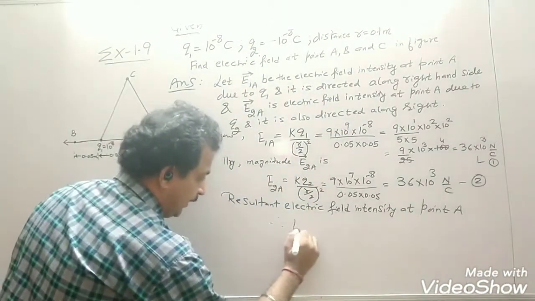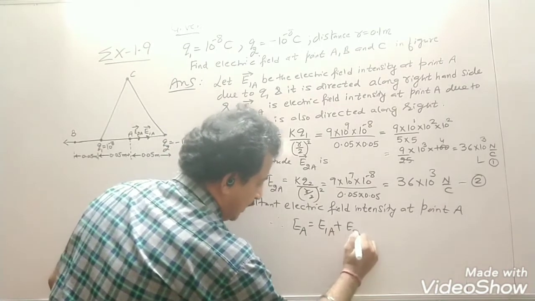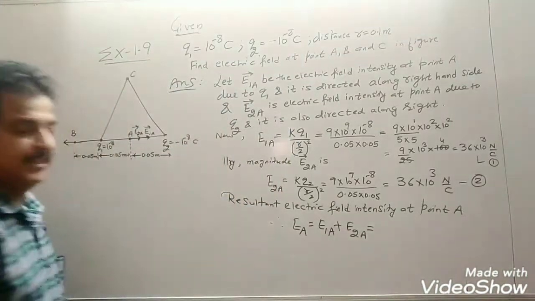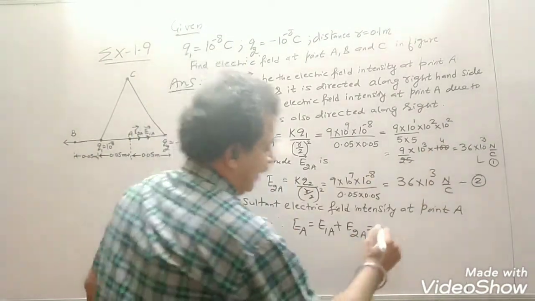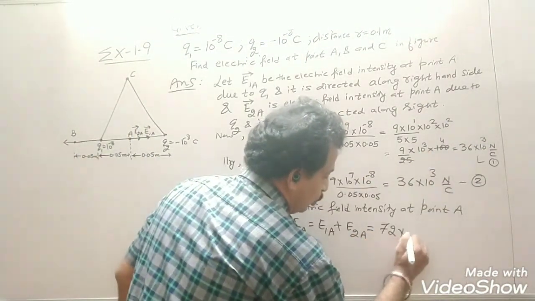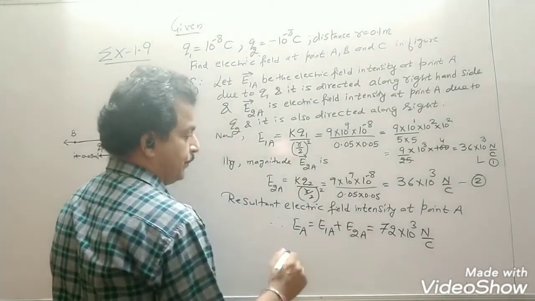So therefore EA is equal to E1A plus E2A. This is equal to the summation of both the fields, that is 72 into 10 raised to 3 Newton per Coulomb.